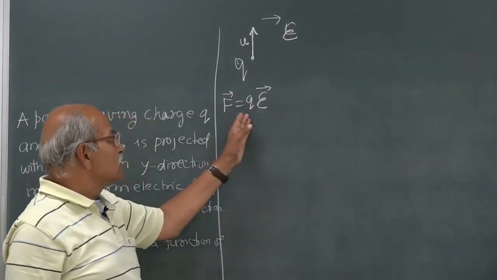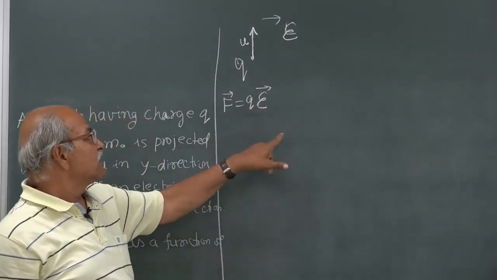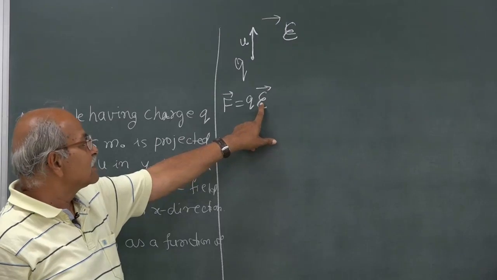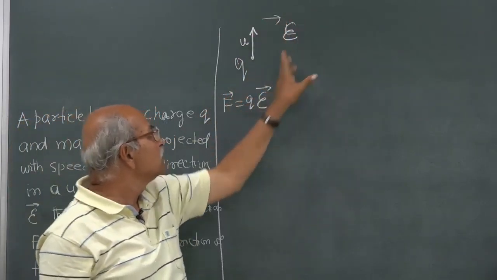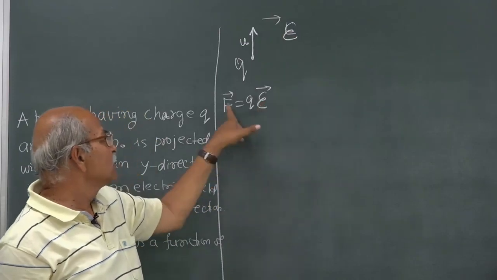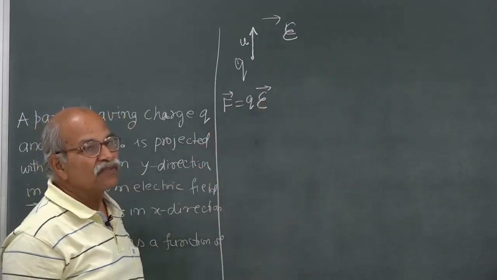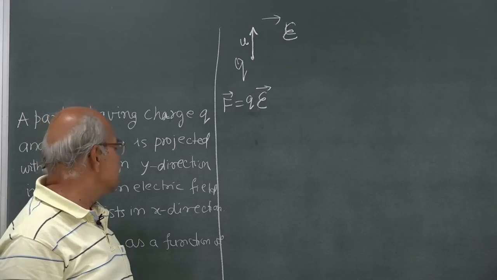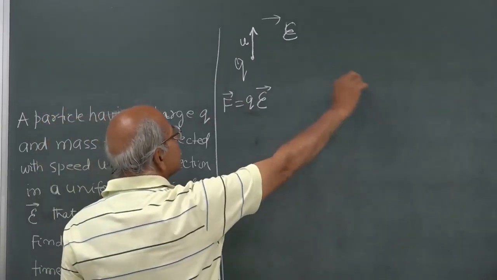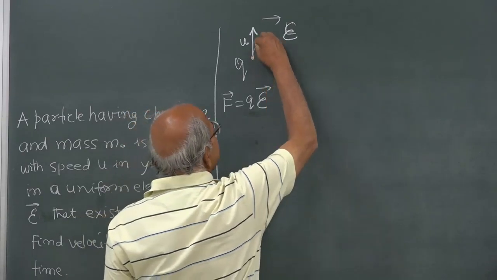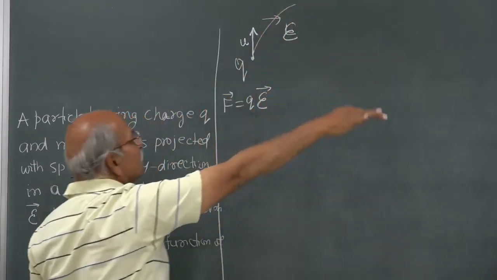Force is q times electric field, and since this is uniform and constant, as a function of time it does not change. Wherever the particle goes, it finds that electric field. So, this is the force, and we have to find the velocity as a function of time. The force will be in x direction all the time, and so you will expect that the motion will be a curved motion.